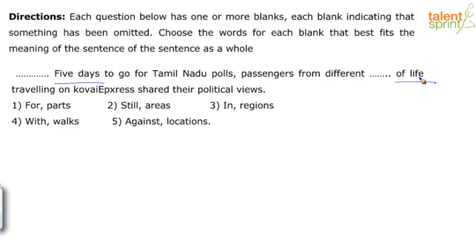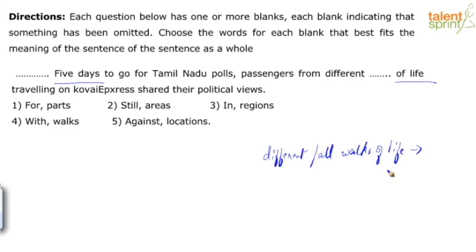Okay, so let's quickly break it down. The expression, the collocation, is different or all walks of life. That's your expression, which means people from all over. Different regions, different places, speaking different languages. So different walks of life.